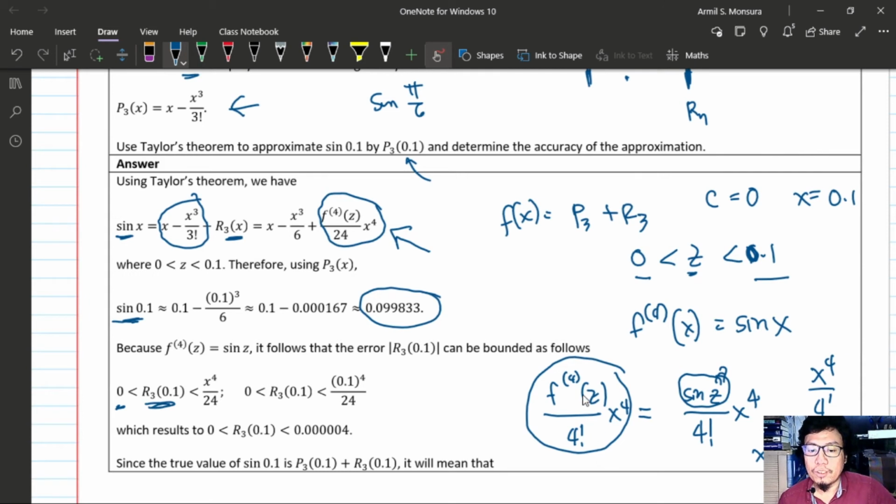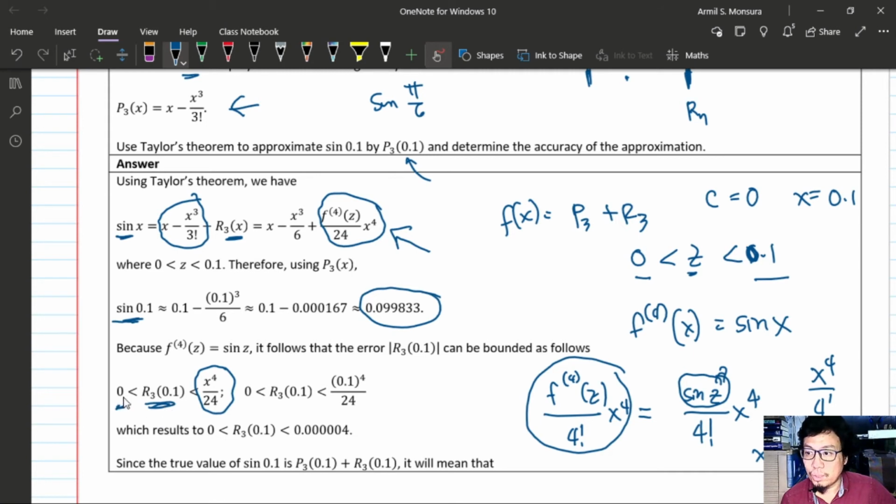That maximum error would depend more on x raised to 4 over 4 factorial, since sin z, which is between these values, is negligible compared to it. So we put it as the upper bound of your error.